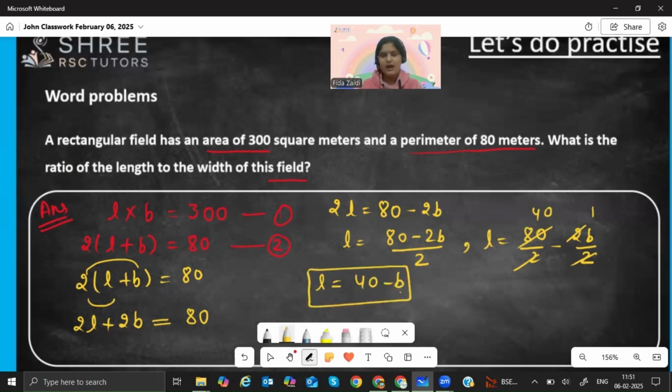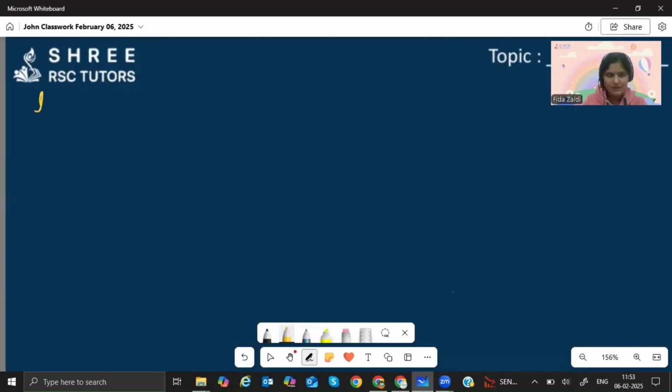Now you have the value of the L and you can put this value in equation 1. And what is equation 1? L into B is equals to 300. I'm going to the next slide. L is equals to 40 minus B. And our first equation was L into B is equals to 300.